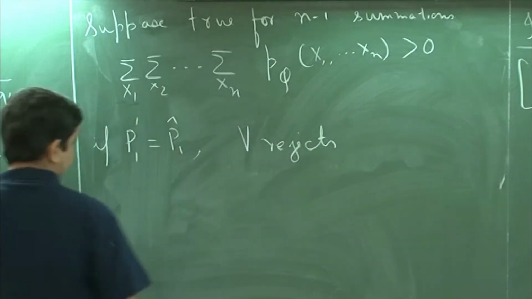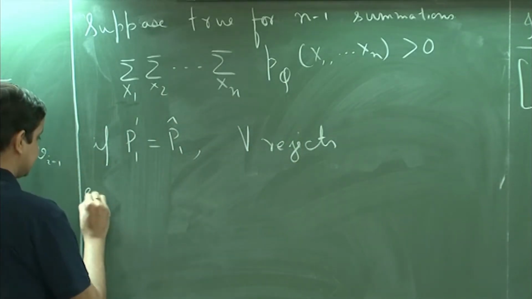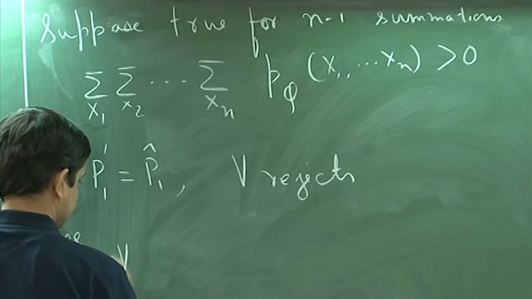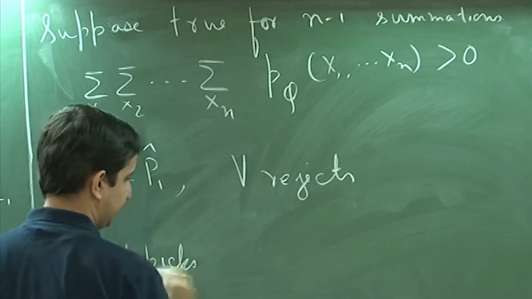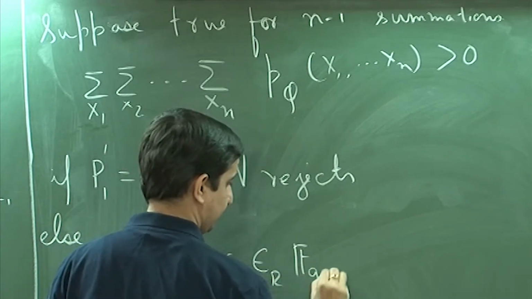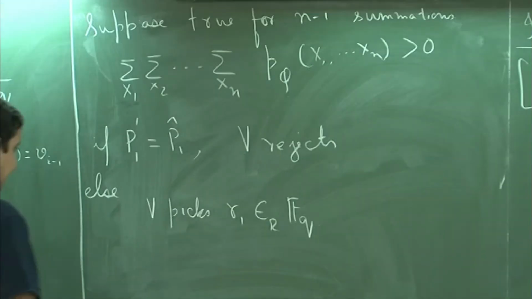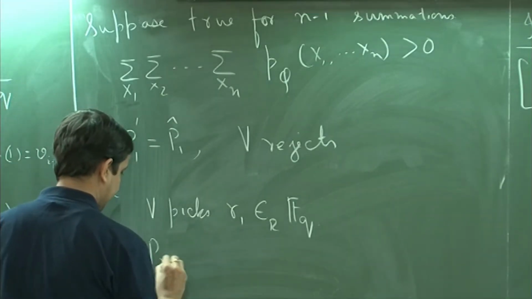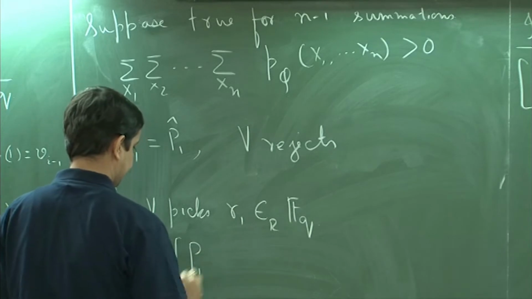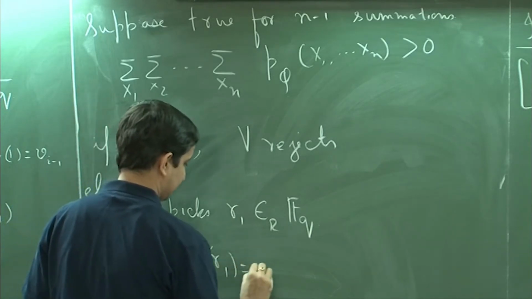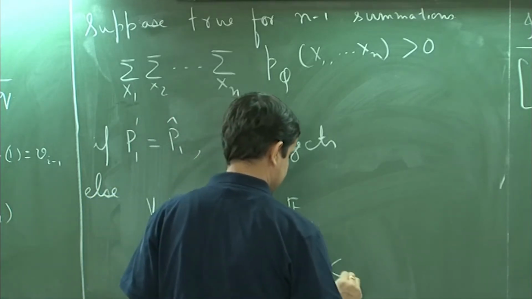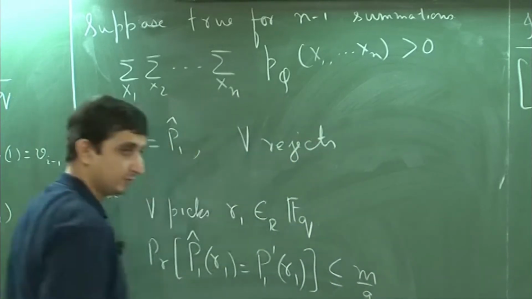Else, these polynomials are not the same. So, V picks r1 in F_q, and again the probability that p1 hat(r1) is equal to p1 prime(r1) is at most m by q.